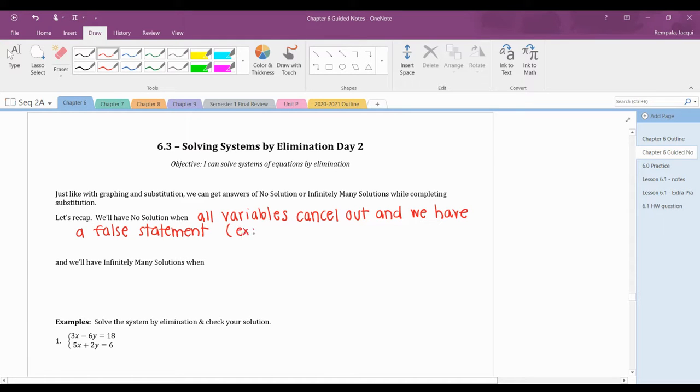So I'm going to give us an example. An example of a false statement would be something like 2 equals 0. Okay, obviously that's not true, so that means we would have no solution.